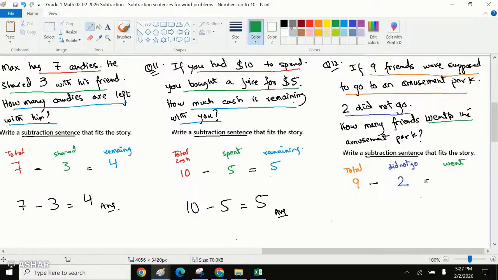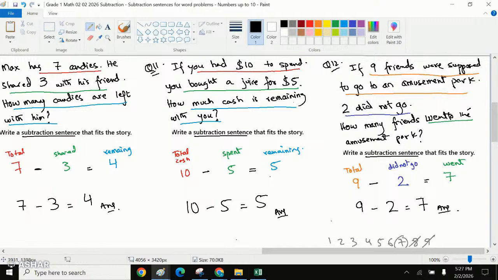So what we can do is we can always write down the numbers 1, 2, 3, 4, 5, 6, 7, 8, and 9. 2 did not go. That means seven friends went, yes, thank you. Seven friends went to the amusement park. And this can be written simply as 9 minus 2 equals 7. And this is the answer.